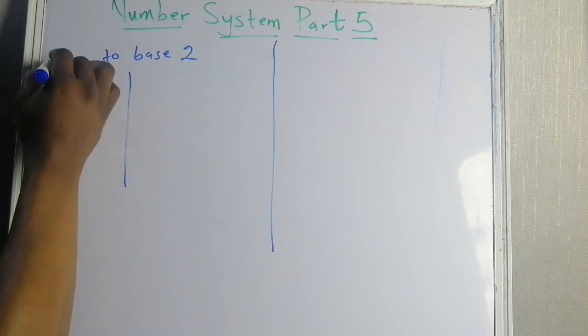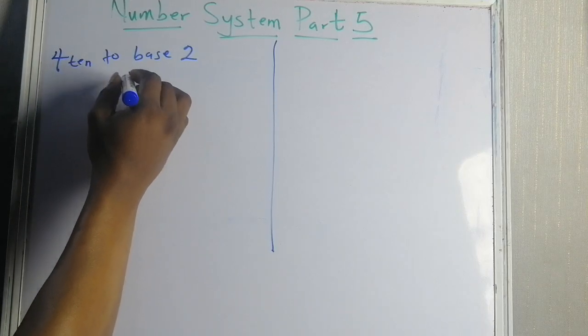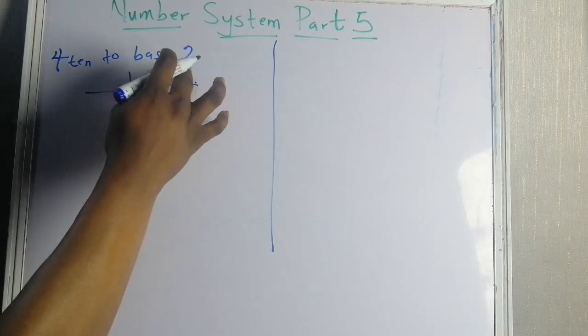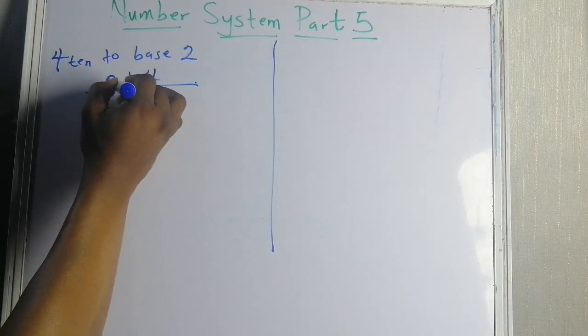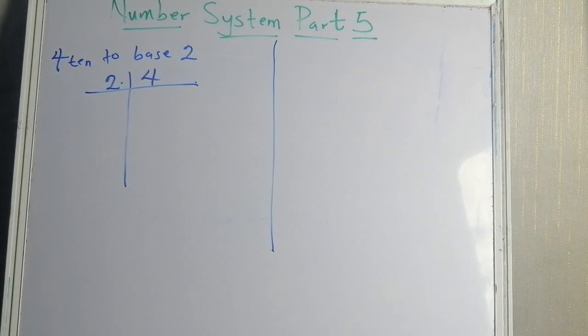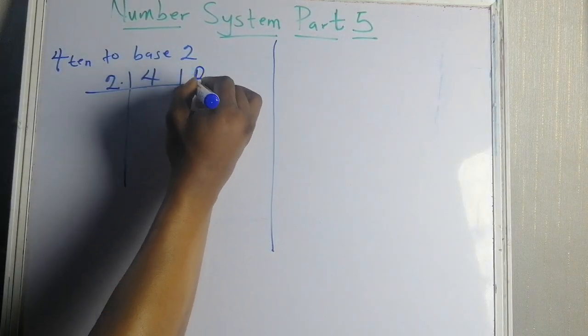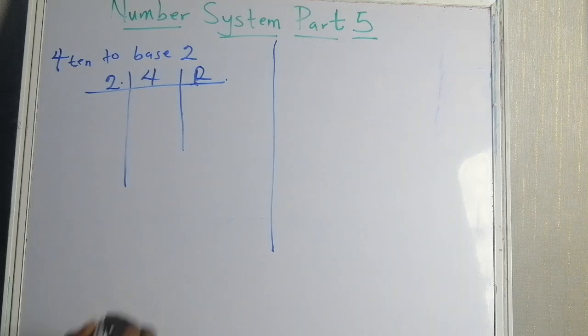So have your table, your 4, which is your base 10, will be here. You have your table, your base 2 will also be here. So we want to get the 4 base 10 in base 2. So what do we do? You have your remainder here, as shown in part 4.